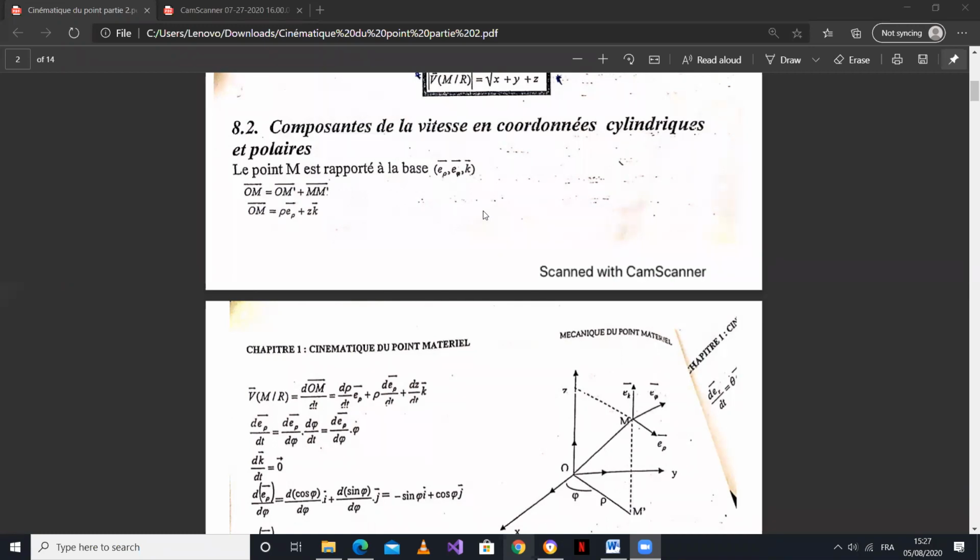So far, we've looked at two angles. We've looked at theta, and we've also looked at another one, which is phi. Negative sine phi plus cos phi. Yes, negative sine phi suivant i plus cos phi suivant j. And this gives us which unit vector?